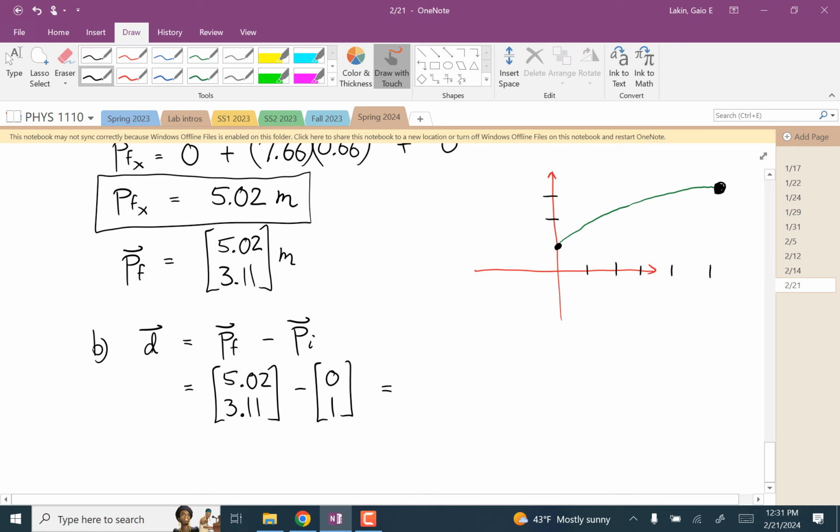And so the displacement vector is 5.02 for x, 2.11 for y. Okay? Any questions about that problem?